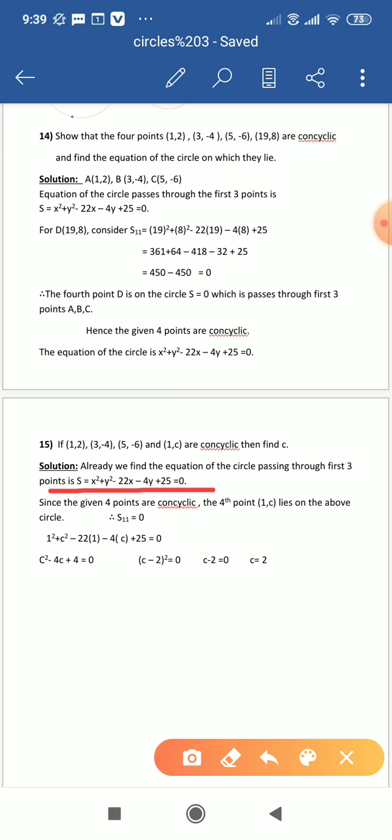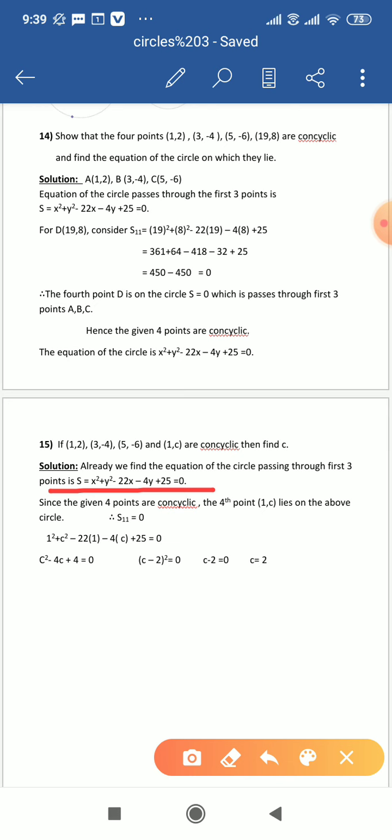In our previous problem we found it here. But in your exam you must find this equation, not take it from the previous problem. Okay. For our time being we take it from the previous problem. But in your exam you must find the equation passing through these 3 points.